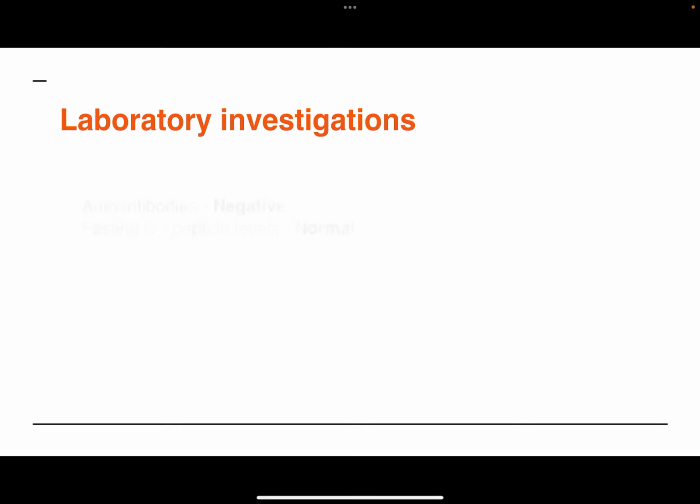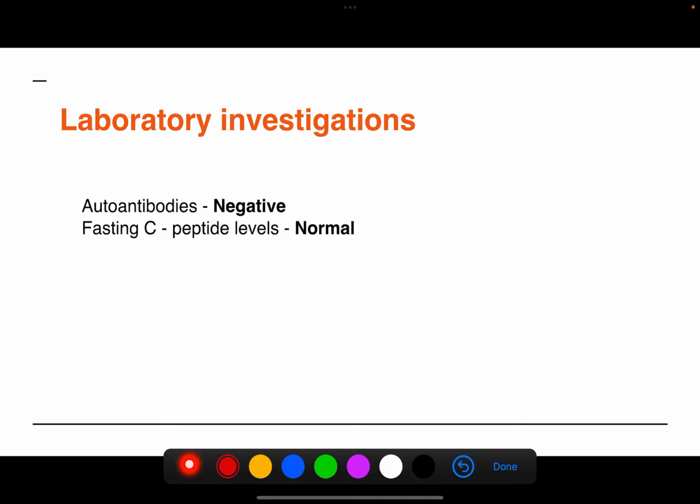Now let's see the laboratory investigations. Now this is the clincher. For young patients, always perform antibodies and C-peptide levels. That will help you differentiate type 1, type 2 and MODY. So autoantibodies are negative and fasting C-peptides are normal. This means that there is no autoimmunity.